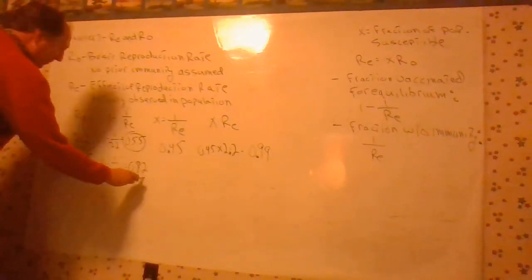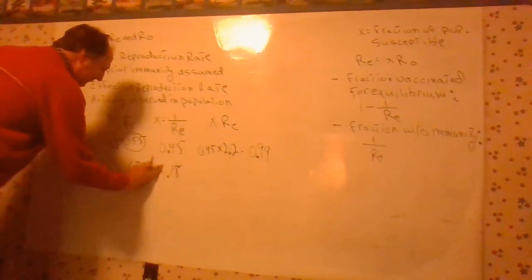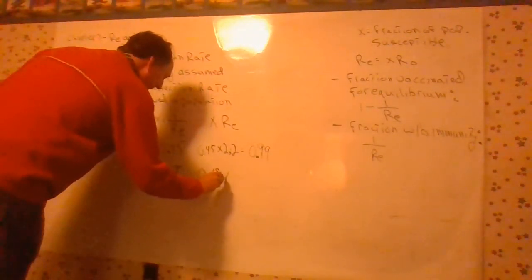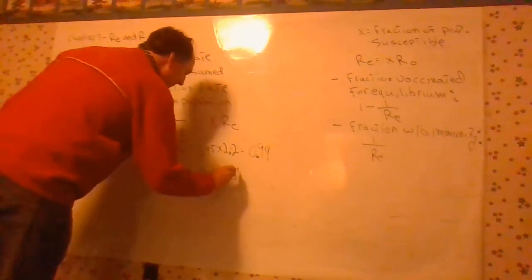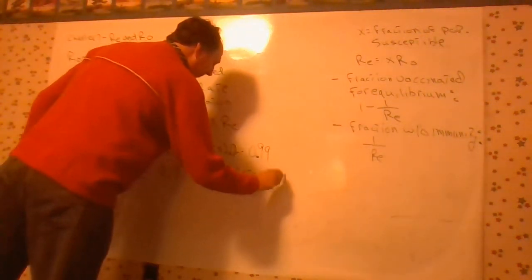And now 1 over that, it's just the complementary percent of that, 0.18. And if you multiply 0.18 times 5.5, you end up with about 1. You get the same thing, 0.99. We round it off.